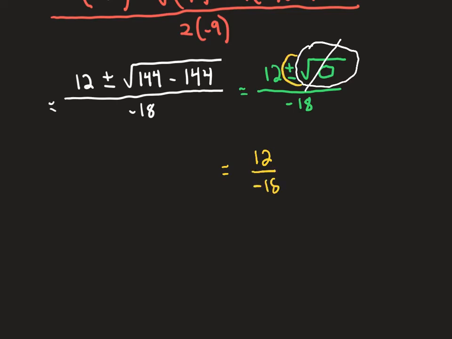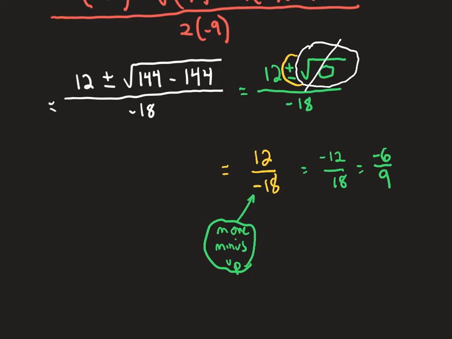Over negative 18. And on all these ones where you have a minus on the bottom, you'll want to move the minus up. So negative 12 over 18. And make sure anytime you have fractions that you reduce them. 12 and 18 both have a common factor of 2.